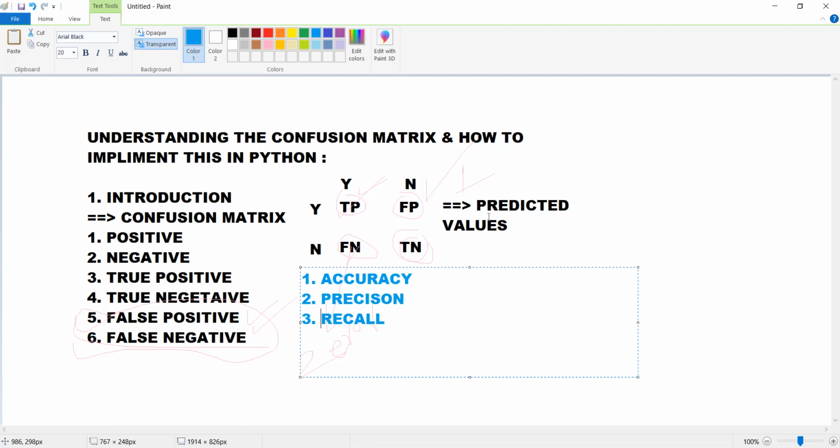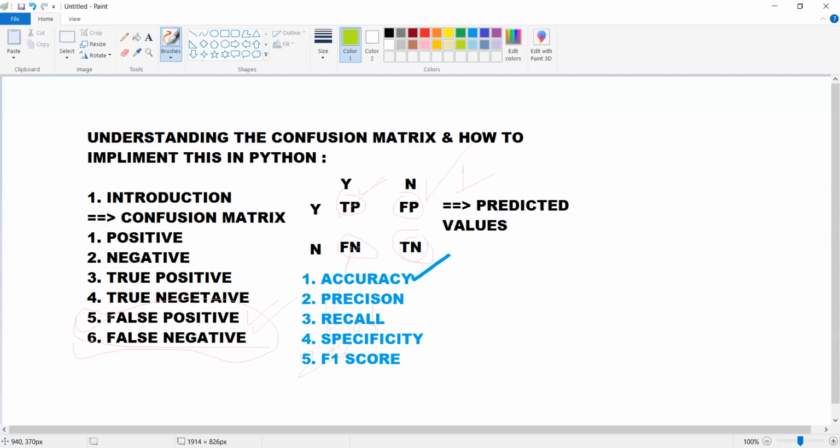Okay, first one is what is the accuracy? You need to know what accuracy is. Accuracy is the proportion of the predictions that the model classified correctly.